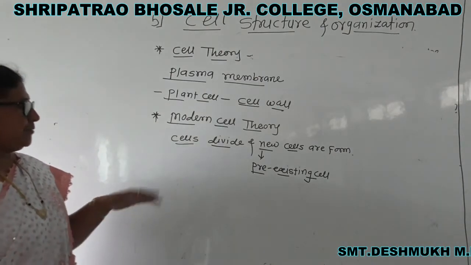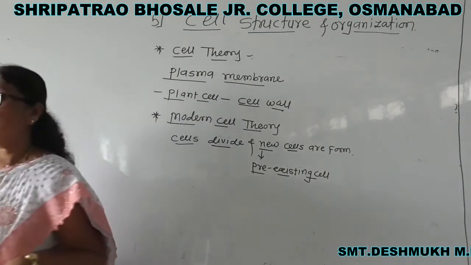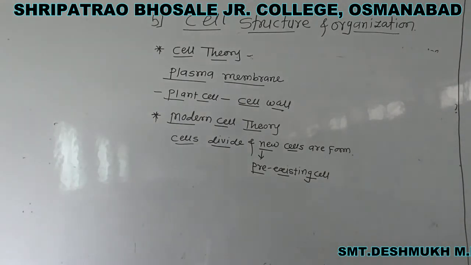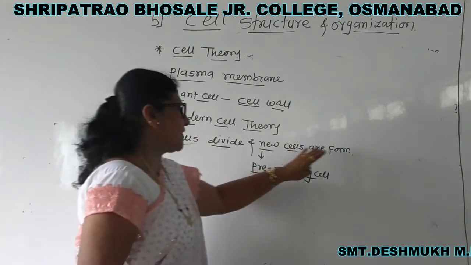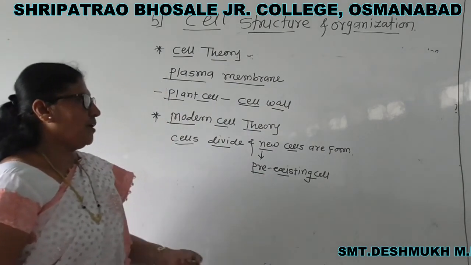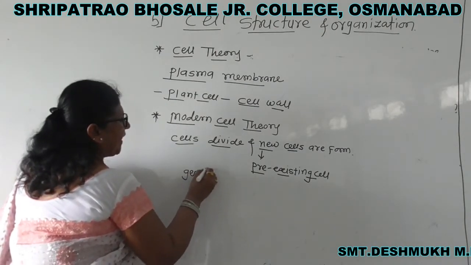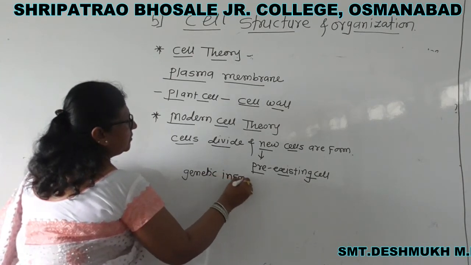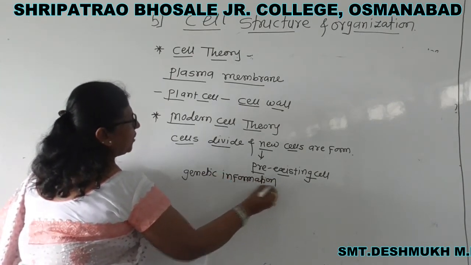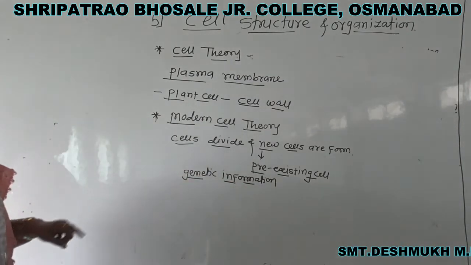The modern cell theory is based on the idea that cells divide and new cells are born from pre-existing cells due to the genetic information present in the nucleus.